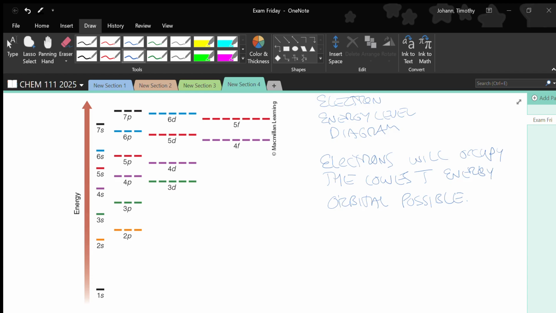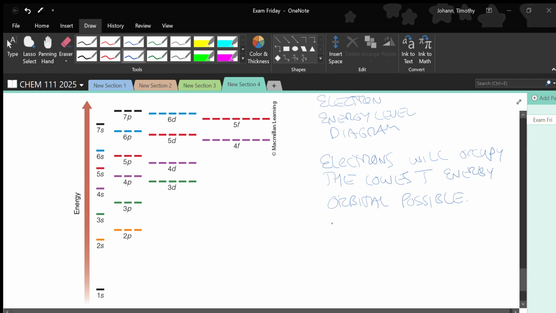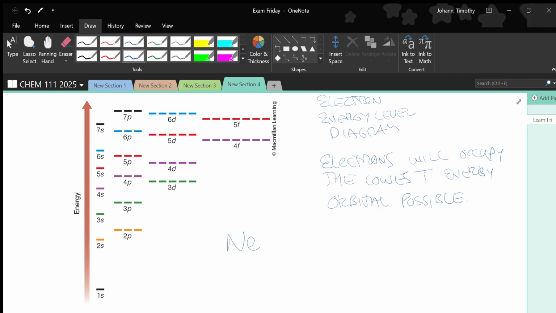So we could do an electron energy diagram for, let's do one for neon. How many electrons does neon have if it's neutral, which it almost always is?